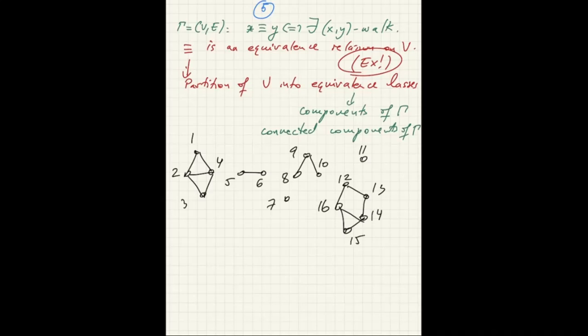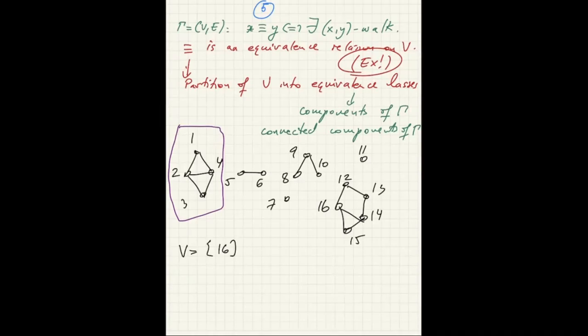This is a graph, the vertex set is these numbers from 1 to 16. And what are the components of this graph? Well, 1, 2, 3, 4 are in one component because you can get between each of them by a path or a walk.